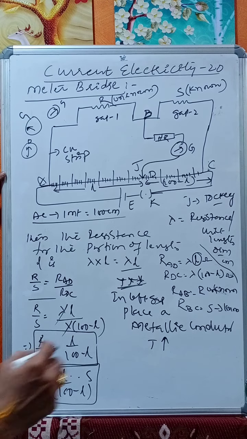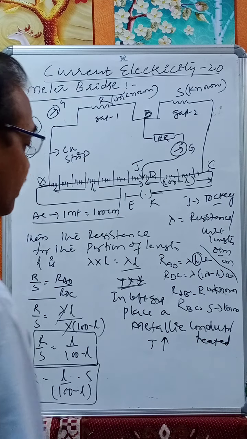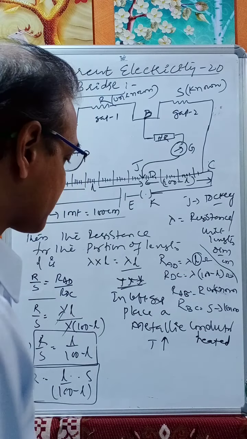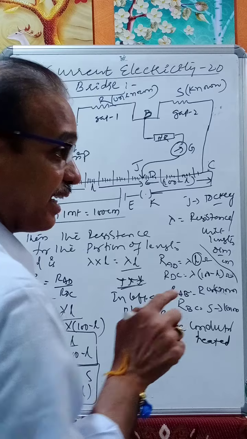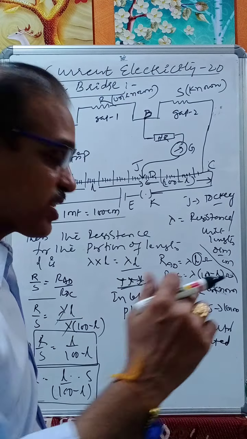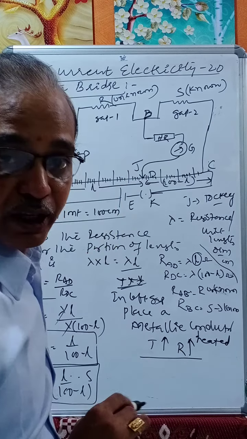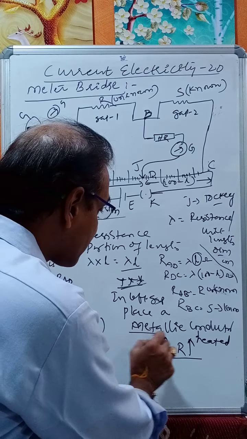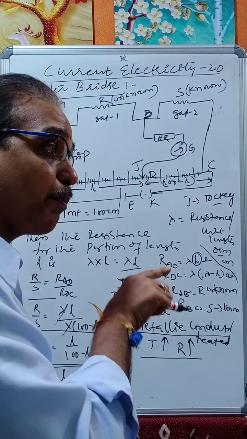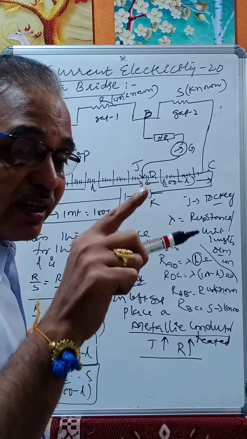If the temperature increases, for a conductor the conductivity decreases, therefore resistance or resistivity increases.